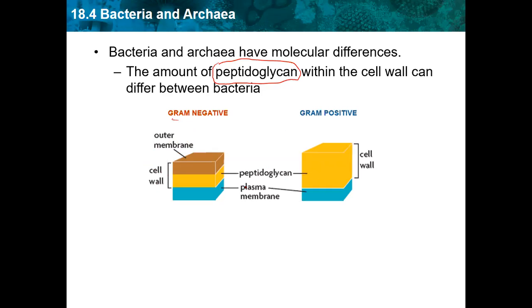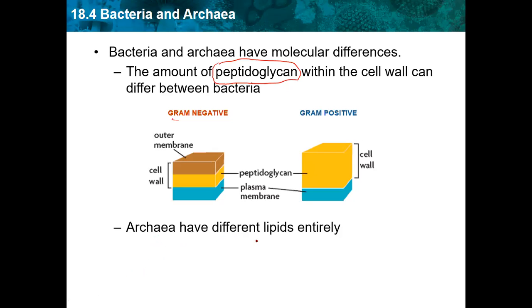Now, which of them has more peptidoglycan? The gram-positive, and this is a plasma membrane. So this is why sometimes when you stain them with safranin or methyl blue in the lab, you will see the gram-positive will have a darker color than the gram-negative, because it's got more peptidoglycan to be able to hold onto the stain.